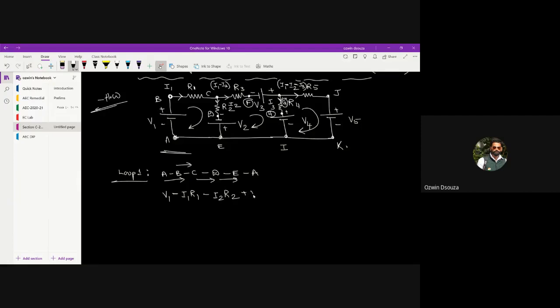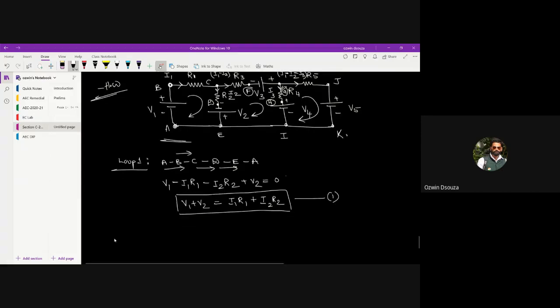Hence, the potential is taken as plus V2, equal to 0. Or you can keep EMFs on one side. So I have kept V1 and V2 on the left hand side, and I'll bring the potential drops onto the right hand side, I2 into R2. So that's your first KVL equation.